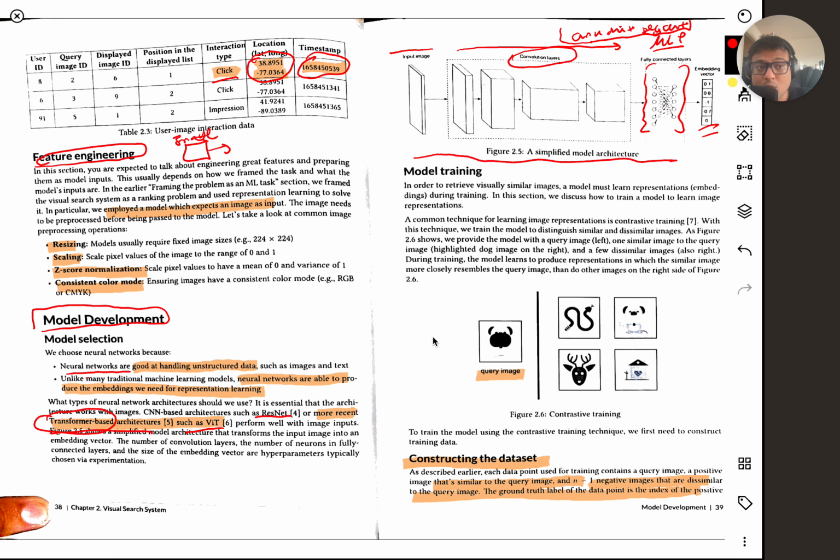The reason is that if you are given very little data, then transformers don't really work well because they require a lot of data. So if you are given less data, then you can use some sort of CNN, and if you're given more data, you can use some sort of transformer, and that's a really good thing.